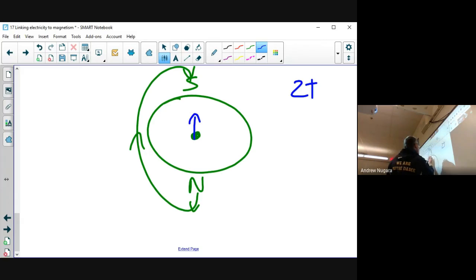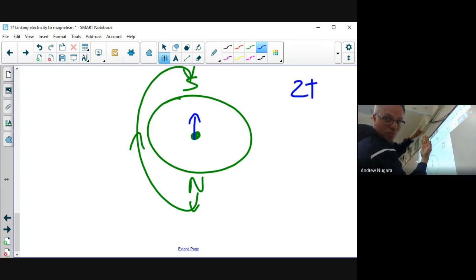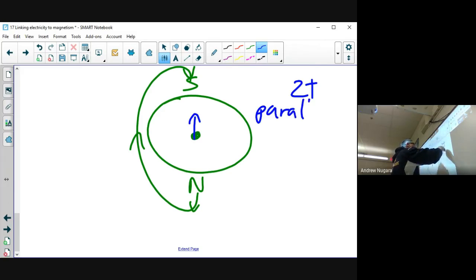The problem here is that they end up being like this. The alpha particle is going up from the north. My fingers point up towards the South Pole, from the north to the south. And so they're parallel at this point. So this is a trick question. What is going to be the force on this alpha particle? There's going to be no force. It's just going to go straight.